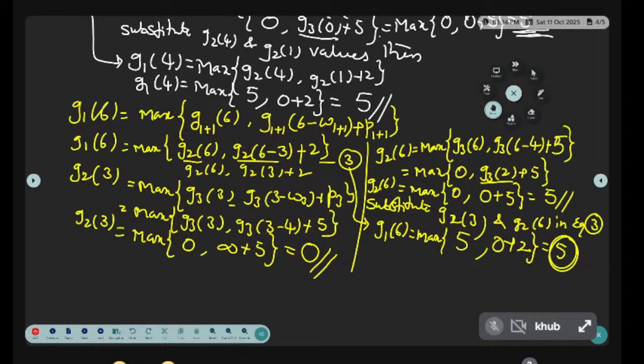అందుకనే G1 of 4 కనుక్కున్నాం. ఈ రెండు వాల్యూ వల్ల G2 of 4 వచ్చింది. ఇది 5, ఇది 0, 5 + 2, అంటే G1 of 4 వాల్యూ వచ్చింది. ఇప్పుడు మళ్ళీ G1 of 6 కావాలి. దాంట్లో G2 of 6 తెలియదు, G2 of 3 తెలియదు. ఫస్ట్ G2 of 6 చేసిన, G2 of 3 చేసిన.